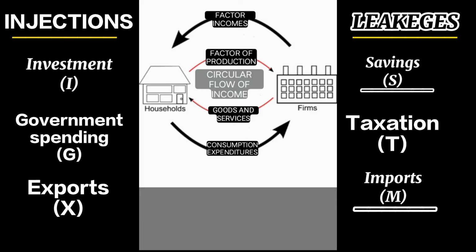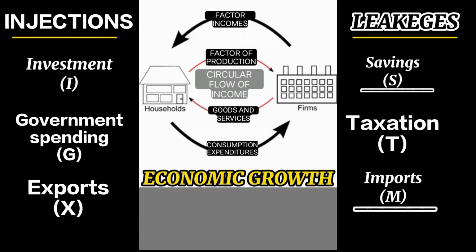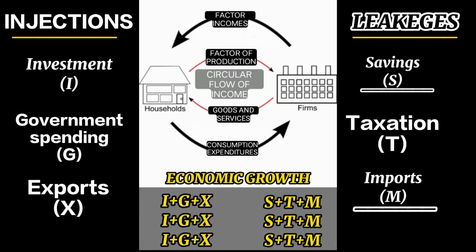But how can we get these two fundamental conclusions? So let's compare the level of leakages and the level of injections, to see whether the economy is growing or not. If injections are greater than leakages, there is more money entering the economy.